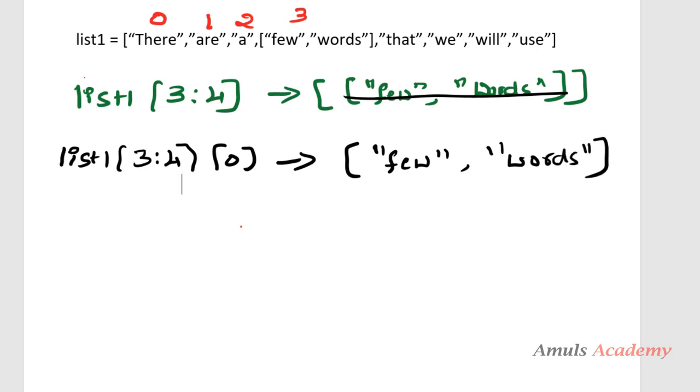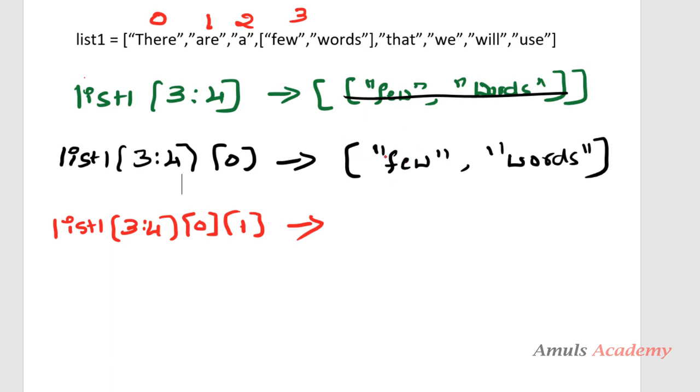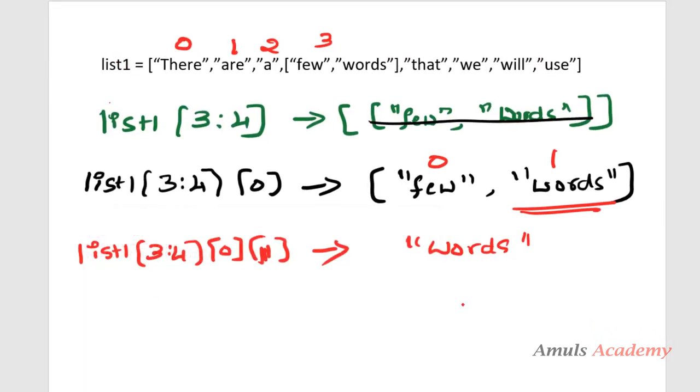Now if I write list1 of, in that if I want to access the first element, then what is the output? In this list we can see 2 values, that is 0 and 1. So the value present in the first index is words, we'll get the output as words. But in the program we are not asking about that, we mentioned another index also, that's nothing but in this words I want the element present in the second index.